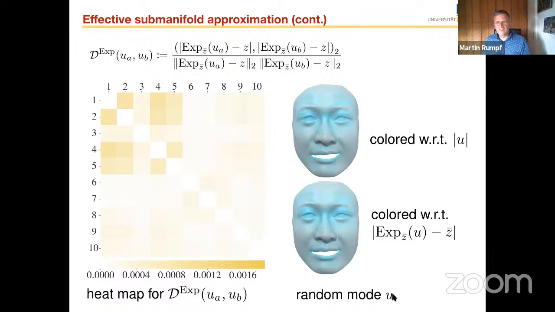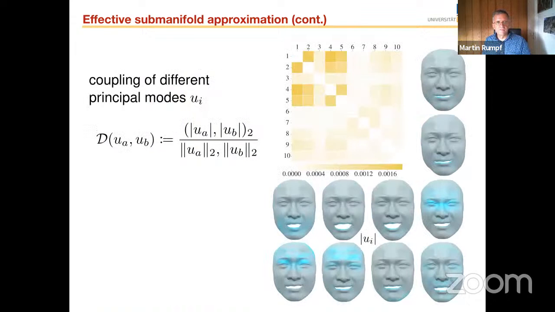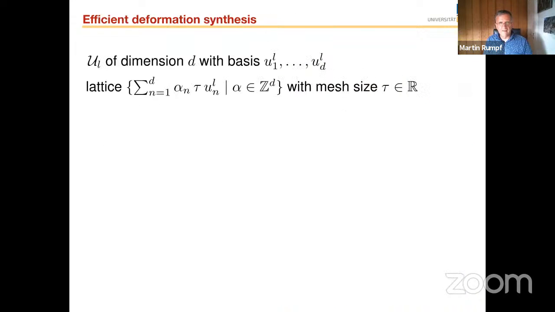If I start with this mode, and here we color the components of the mode, the locations where there is a strong variation, that property is quite nicely reflected by the final exponential mapping result. And as we have a discrepancy matrix for the exponentials, the final reconstruction results, we can also do the same type of discrepancy for the tangent vectors, and we get a very similar output for this phase data set.